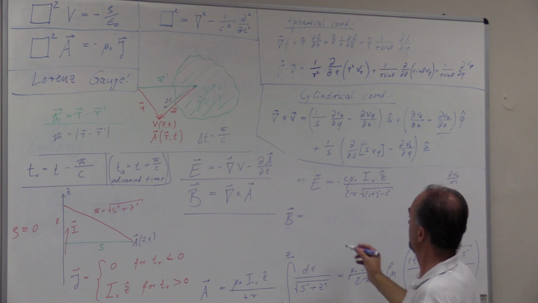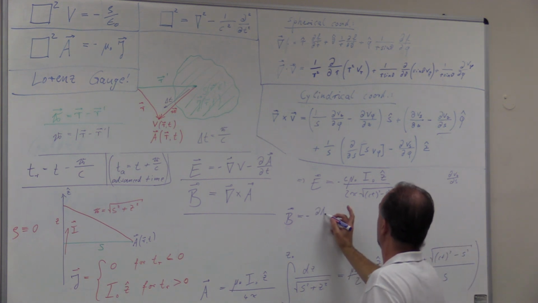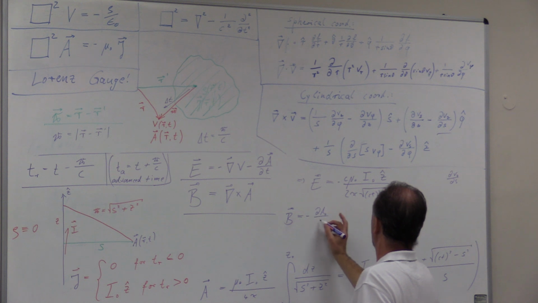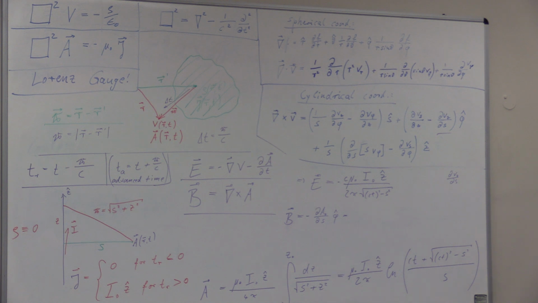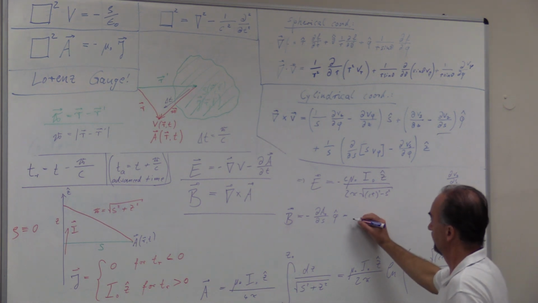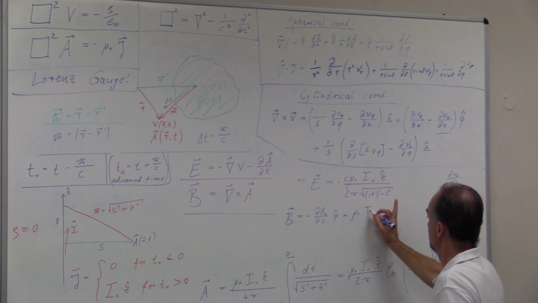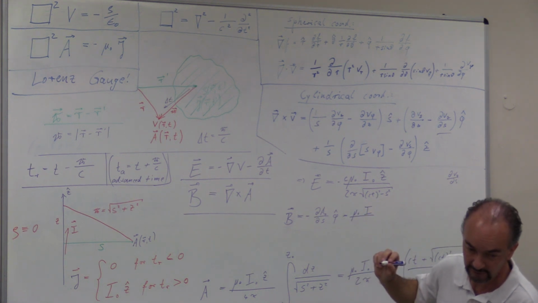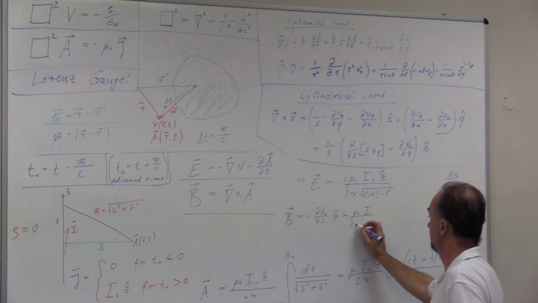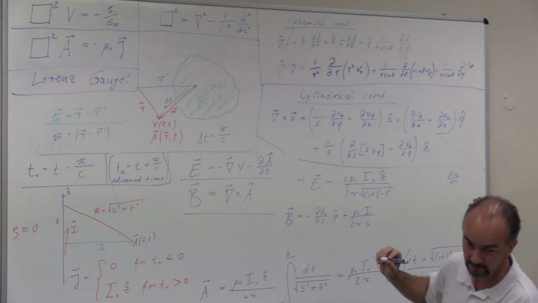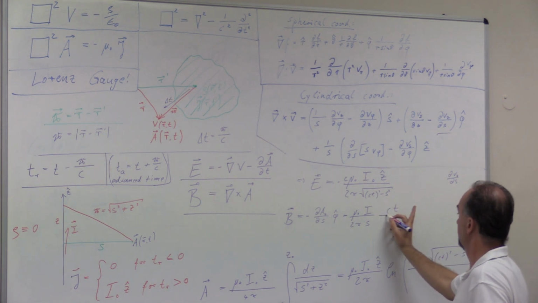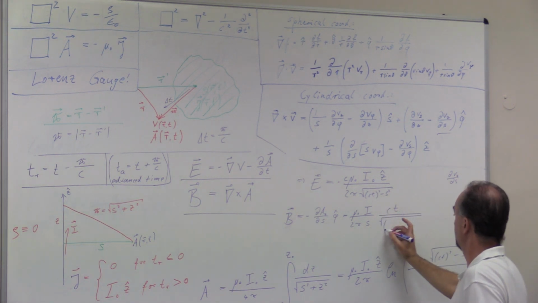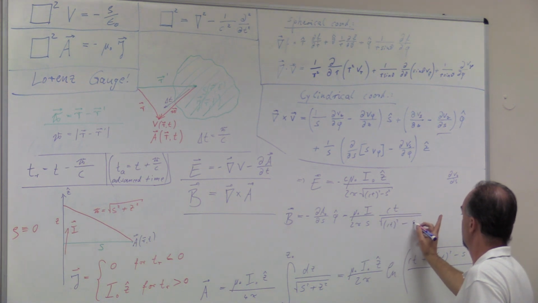So it is minus dA z over ds in the phi direction, so we take the derivative with respect to s. Again, you can take a couple of lines, we don't need to do this here. It gives us mu naught I over 2 pi s, and we have ct over the square root of ct squared minus s squared.